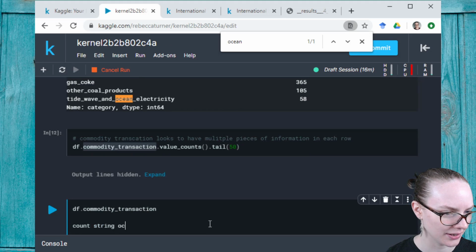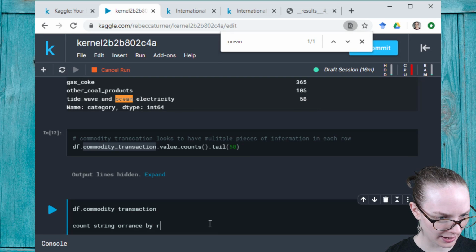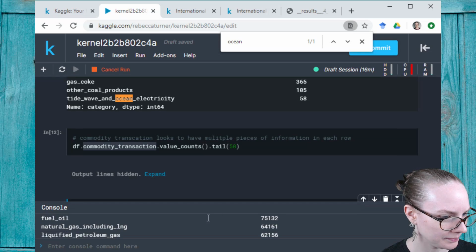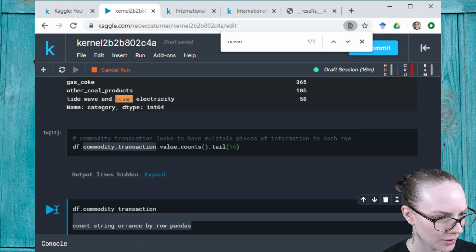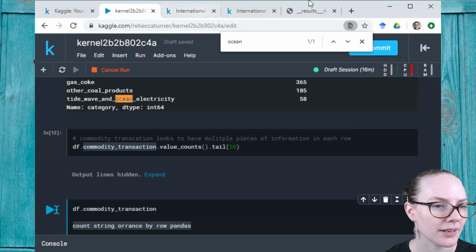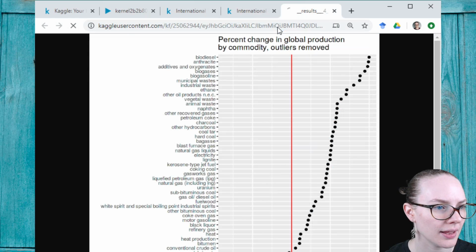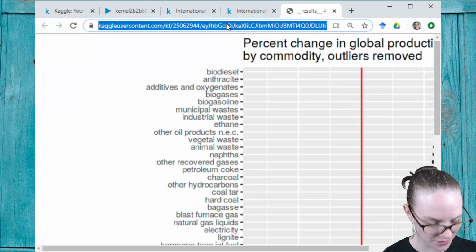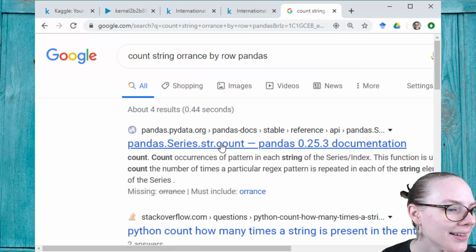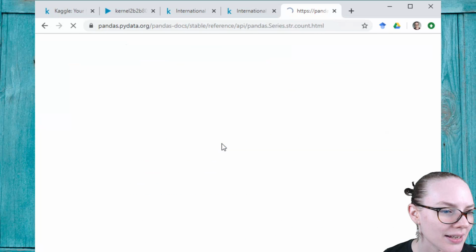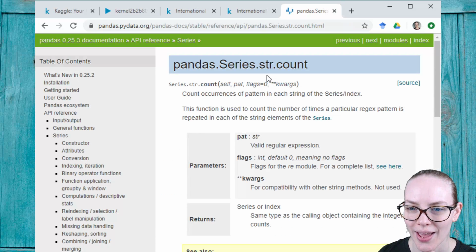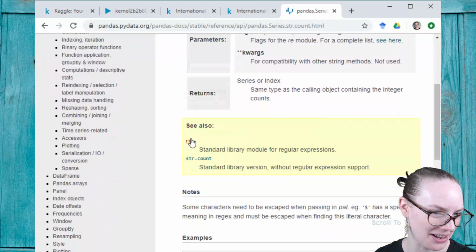Count string occurrence by row pandas. Let's see if I can do that. Nope. Nope. First paste the thing. Count patterns in string. Okay, well that's extremely straightforward.